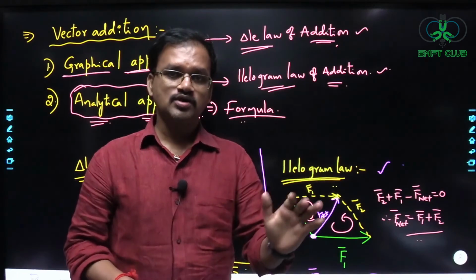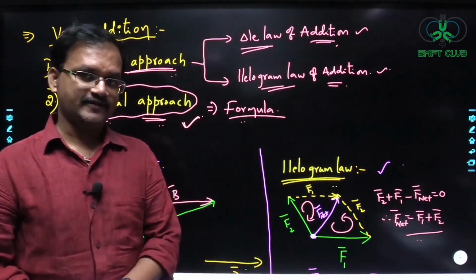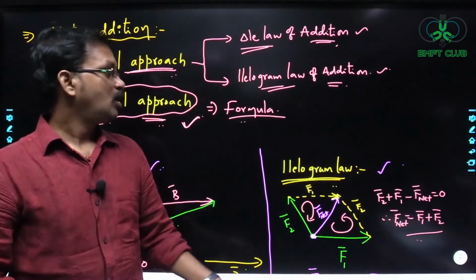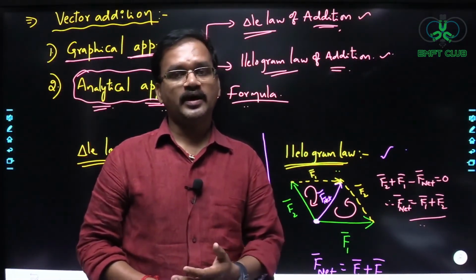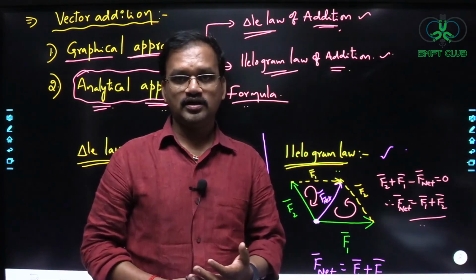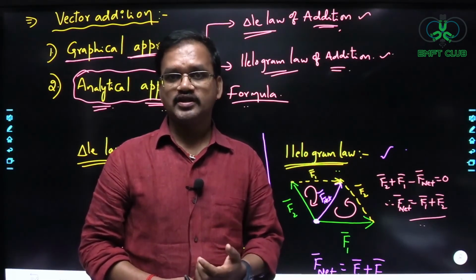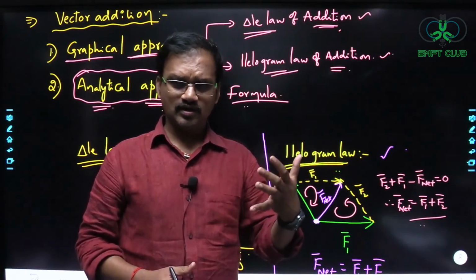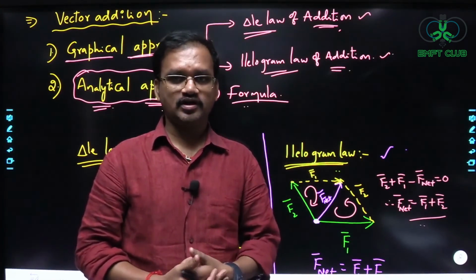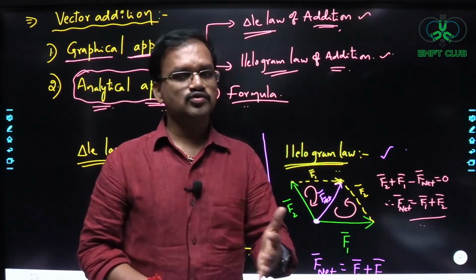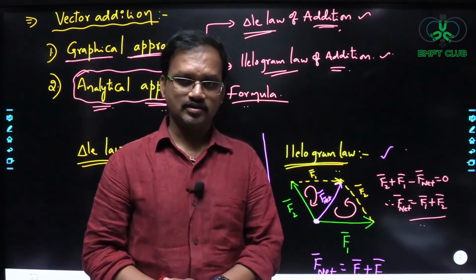Understood? Okay. In the next lecture we will see how to determine the component of one vector along the other, and also how to do vector multiplication. What are the different types of vector multiplications we have? Those things we will see in the next lecture.